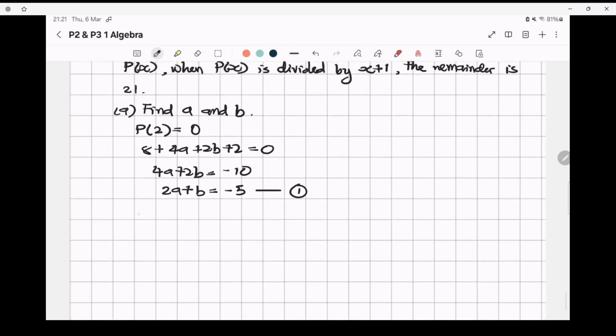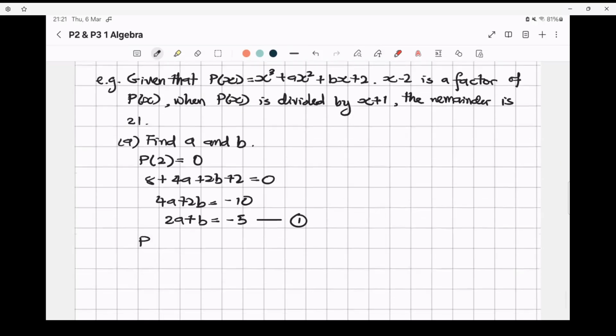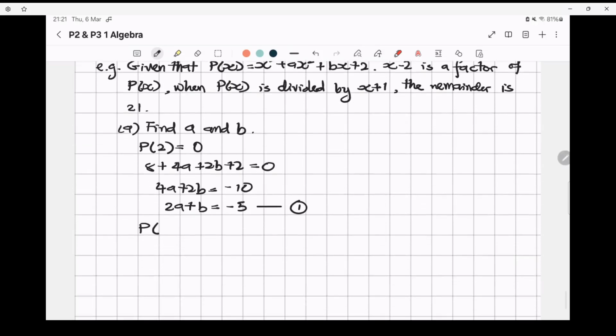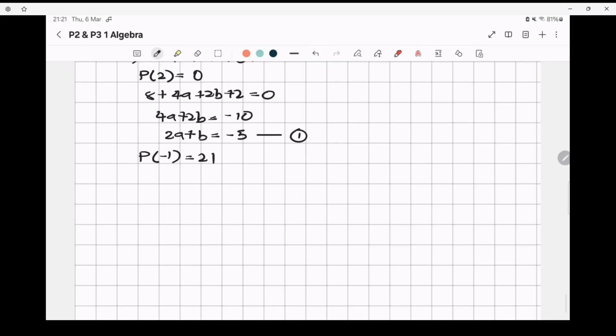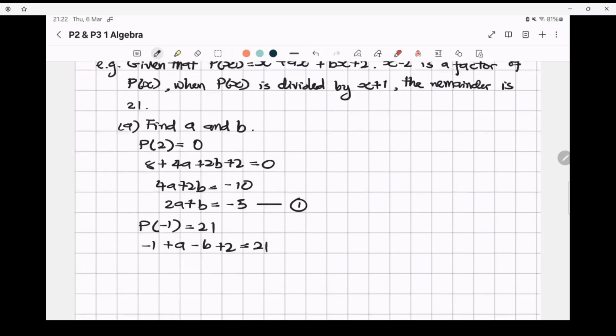Second equation, when it is divided by x plus 1, remainder is 21. So it means that when you substitute x equals minus 1 inside, you get 21. This is remainder theorem. So you just put it inside. Minus 1 plus a minus b plus 2 equals 21.